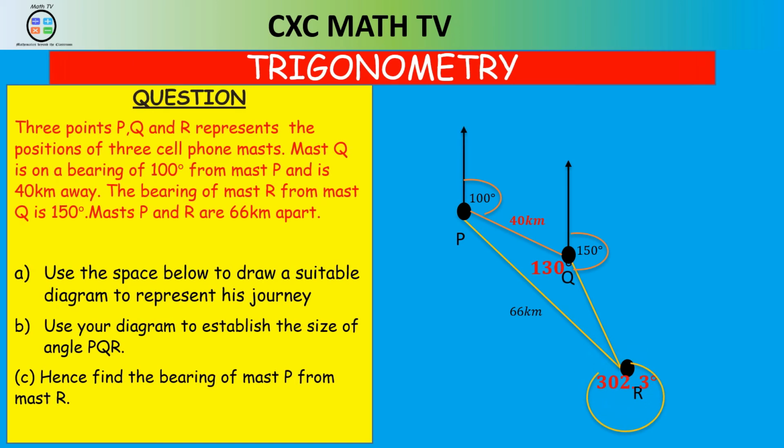So now we see that the bearing of P from R is 302.3 degrees. And so we just put in all the answers on the diagram there. And also the angle PQR is 130 degrees, and we also have the diagram. So that is how you do this question. And remember that in this question, you had to construct your own diagram.